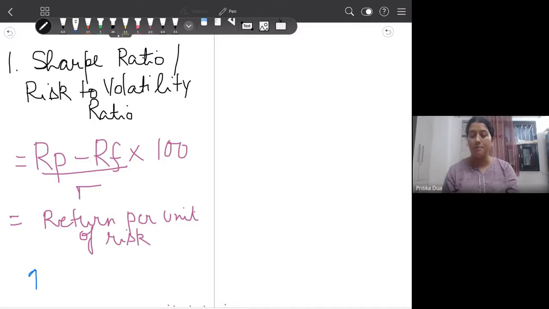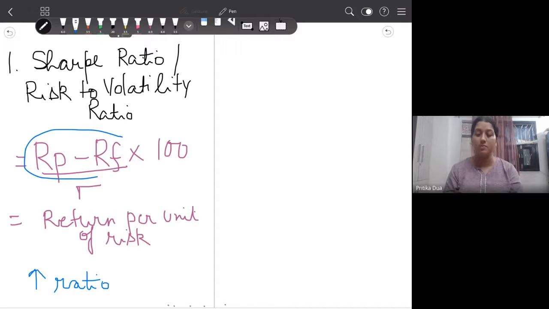So if you are comparing the Sharpe ratio for two investments, always prefer the investment which is giving you the higher Sharpe ratio, because that is giving you higher risk premium per unit of risk undertaken. So RP minus RF is actually the risk premium.